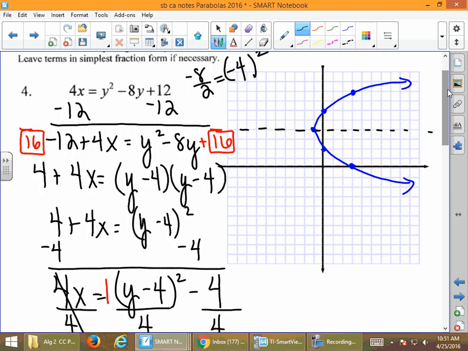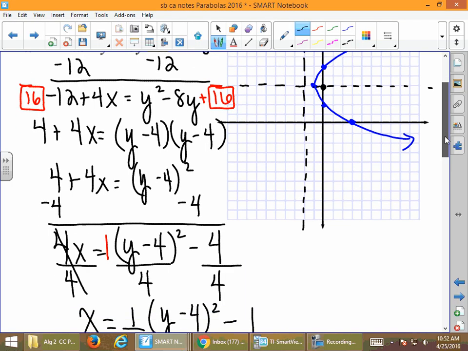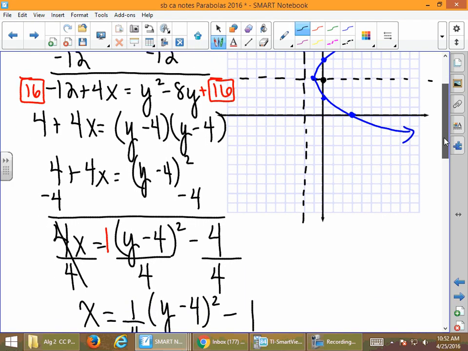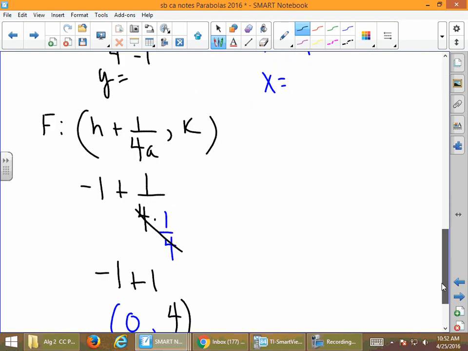Over 0, 1, 2, 3, 4. There's our focus point. And again, it's nice if you understand the fact that the focus is the same distance away as the directrix. I don't have to do the calculation for the directrix. It's 1 space away. So there's our directrix right there, but I will calculate the x equals negative 2.